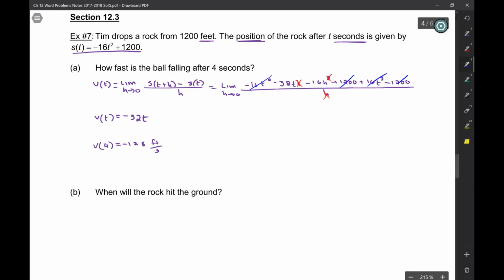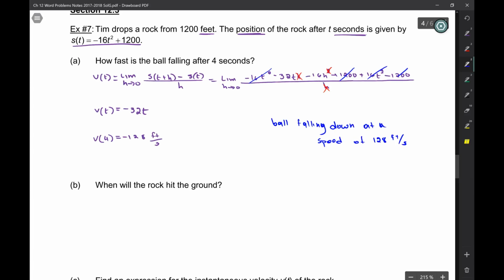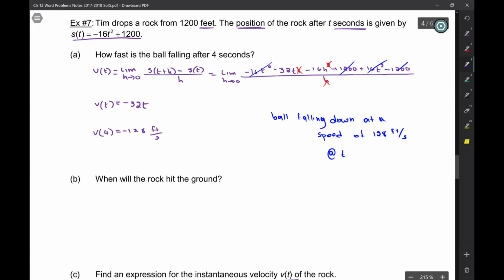So the ball is falling down at a speed of 128 feet per second at t equals 4 seconds. Thank you for reminding me. Okay?